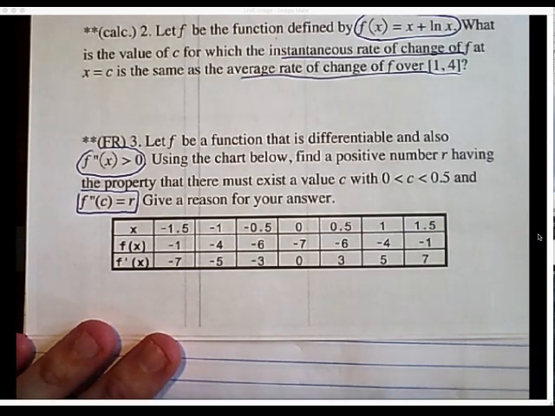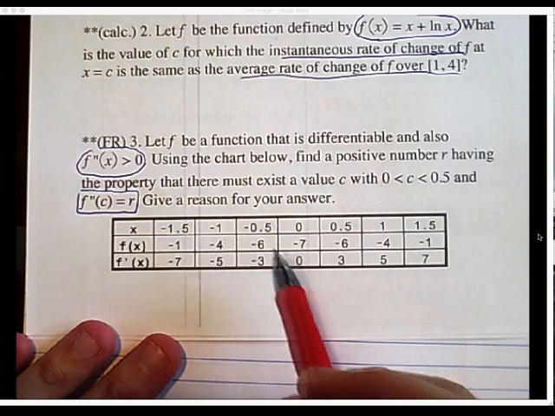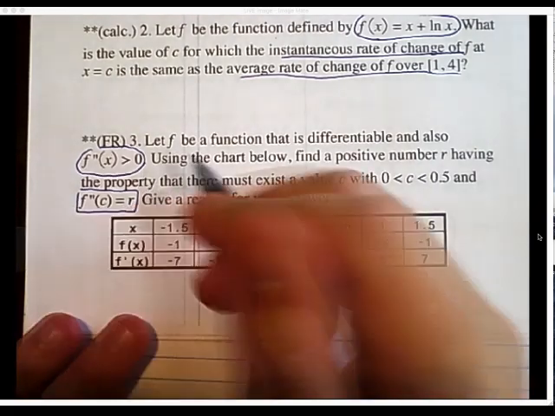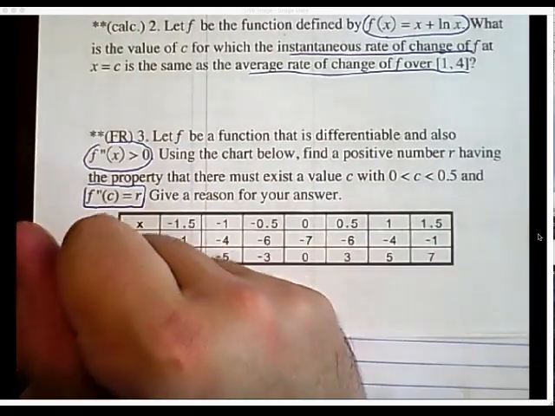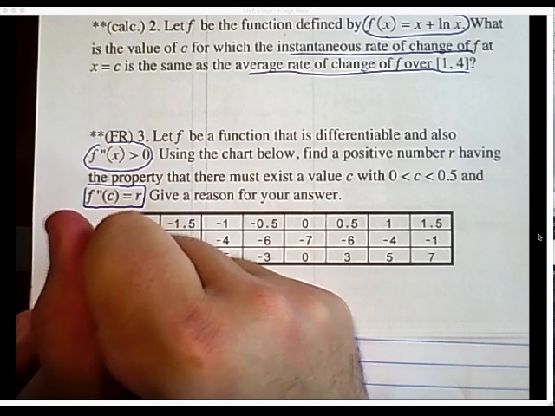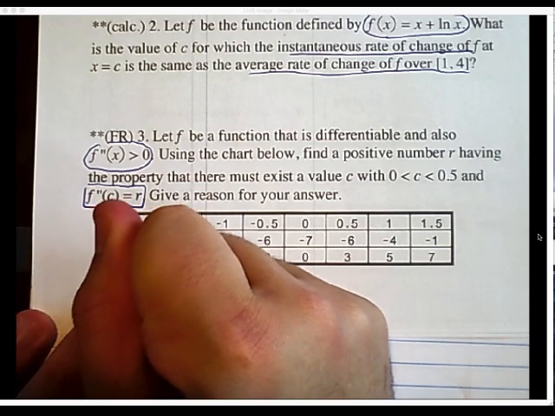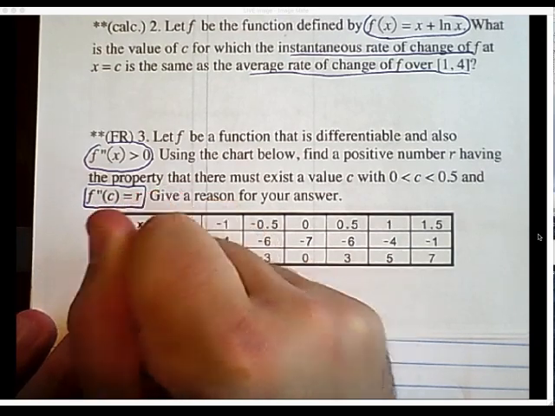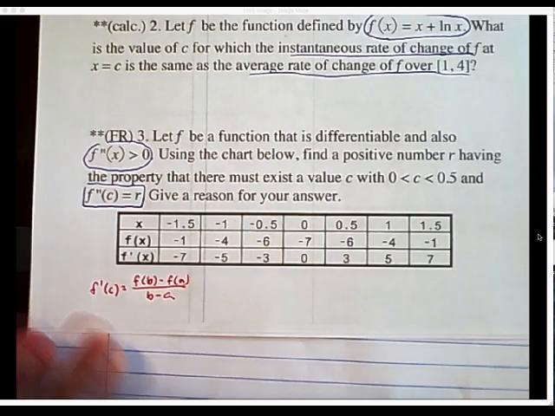Well, if you think about what the Mean Value Theorem says, it says f prime of c equals f of b minus f of a all over b minus a.